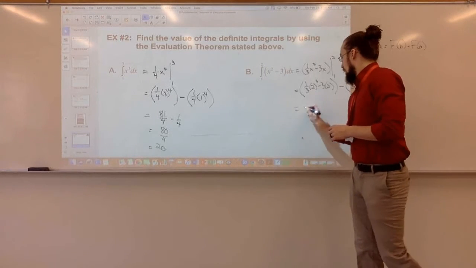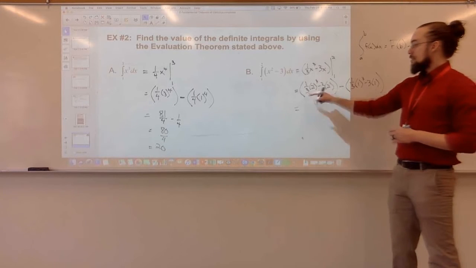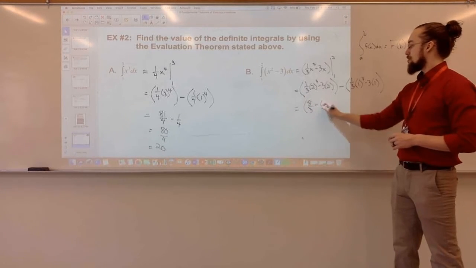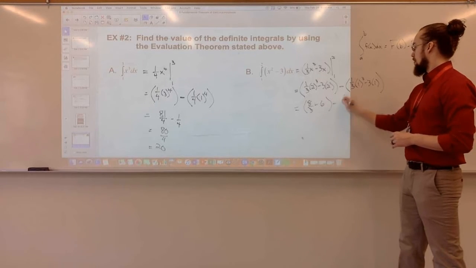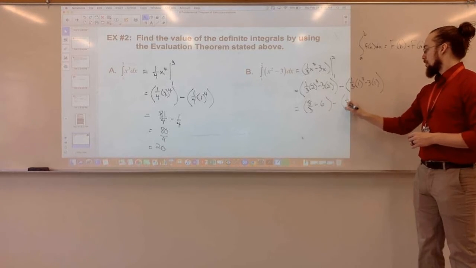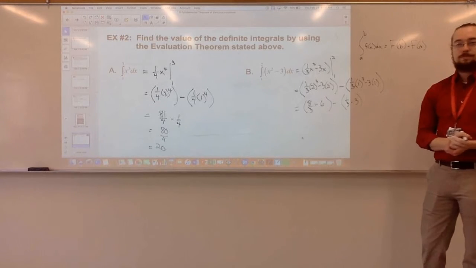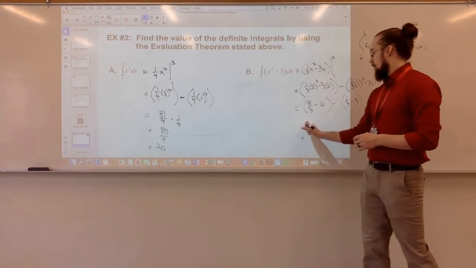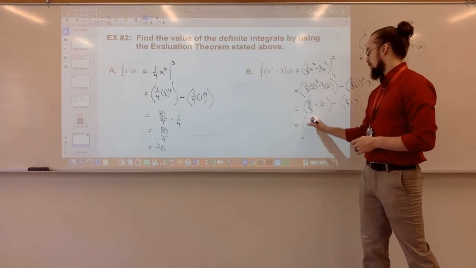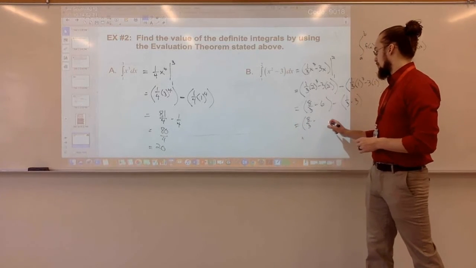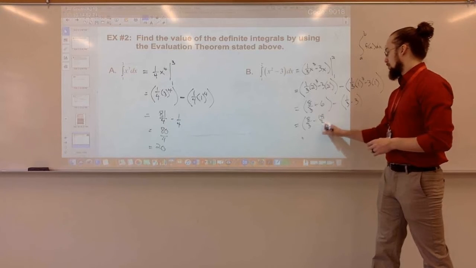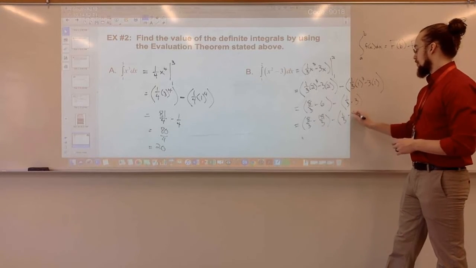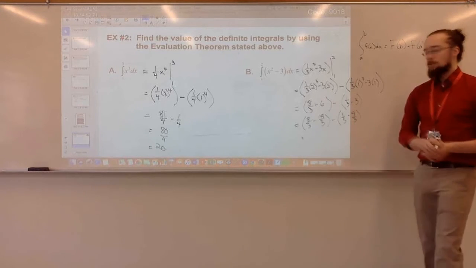And so 2 cubed is 8, so this would be 8/3 minus 6 minus 1/3 minus 3. So I can get some common denominators here. So this would be 8/3 minus 18/3 minus 1/3 minus 9/3.